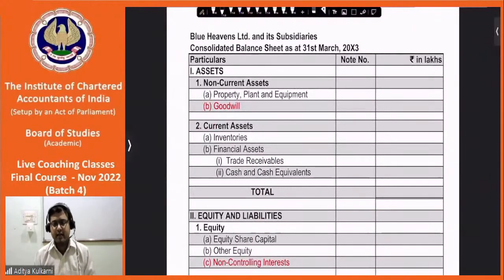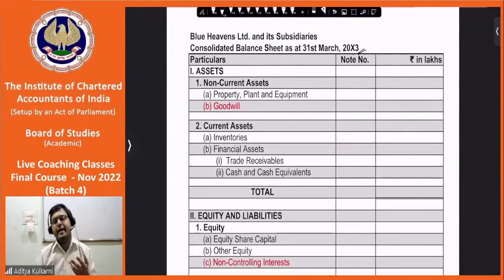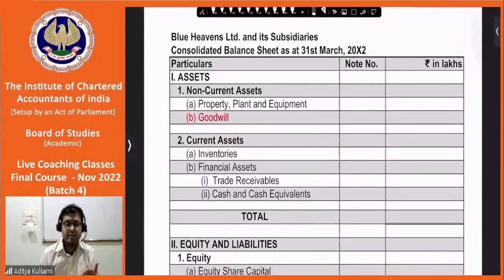Question number 11 is nothing but fair value happening on the date of acquisition, and you have to prepare the consolidated balance sheet on the date of acquisition itself. So that is what you will do. Question number 12, same question, but 1 year later. You can see this is 31st March X2. This is 31st March X3. So question 11 is fair valuation done and prepare the balance sheet on the same day.